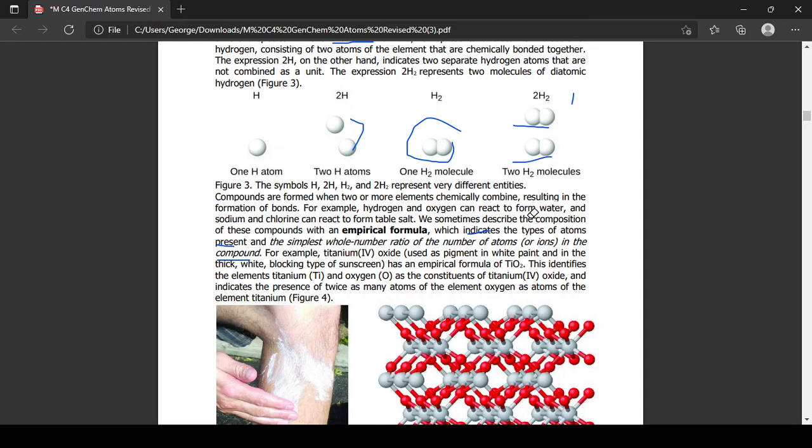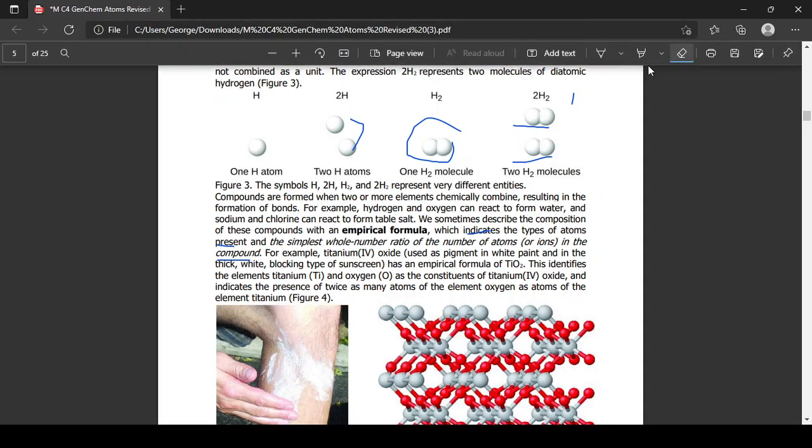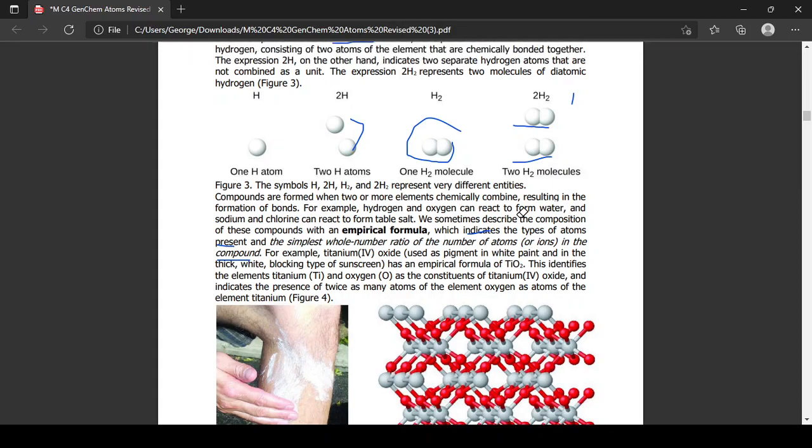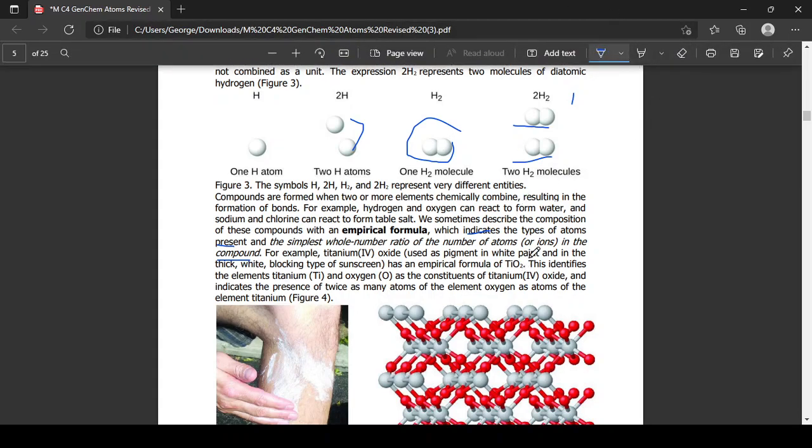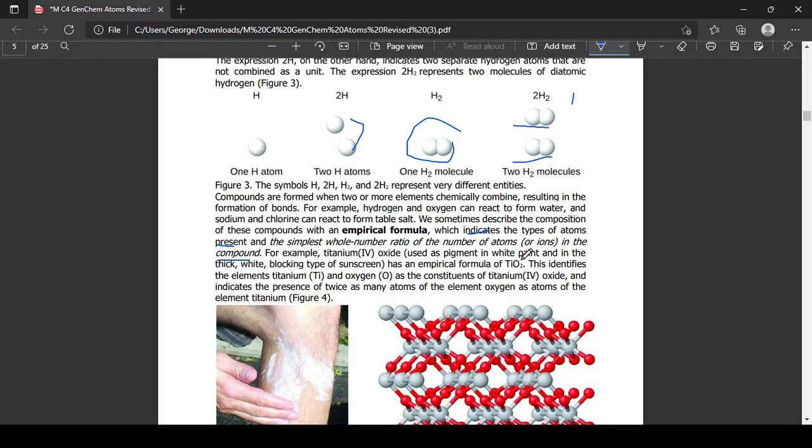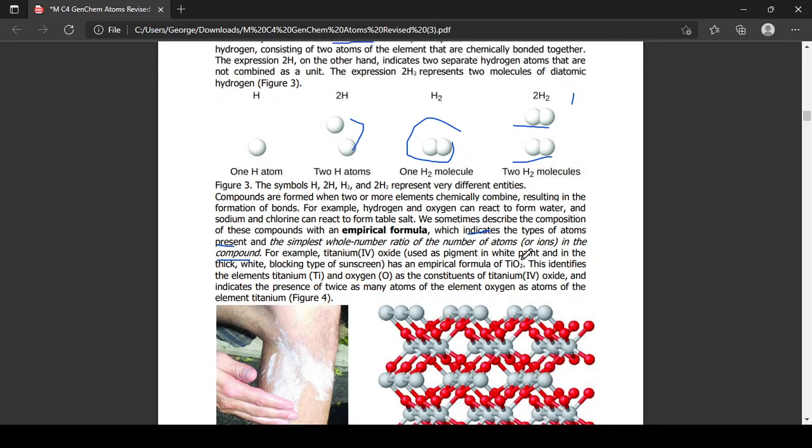This identifies the element titanium 4 and oxygen as the constituents of your titanium 4 oxide and indicates the presence of twice as many atoms of the element oxygen as atoms in the element of titanium. Because kids, simplify lang siya naton, meaning isang TiO2, mayara kita sang mas twice as many oxygen kaysa sa titanium.